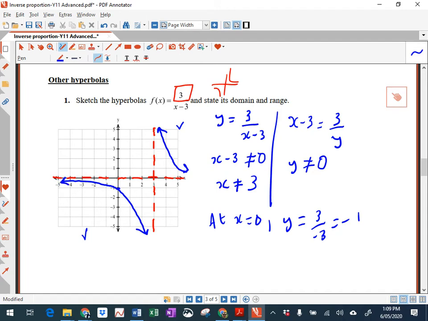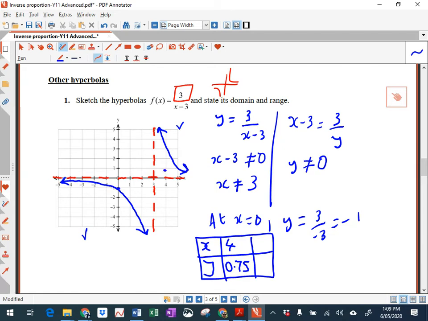now if you're still not sure which quadrant you're going to be in, you can always do test points. You can always do a little table of values if you wanted to figure out which part of the number plane you're going to be in. So you could do, for example, if I put in x equals 4, 4 minus 3 is 1, I get 3/4, which is 0.75. Okay, so at 4, it'll be around about here, or something like that.